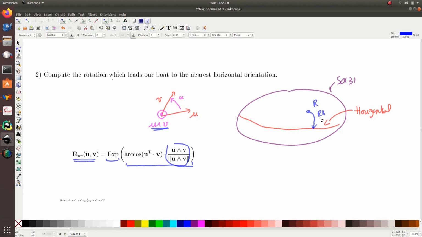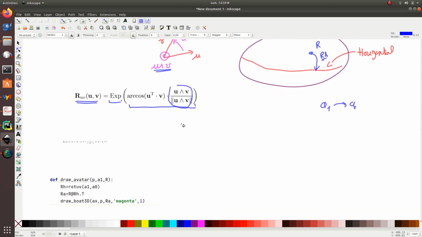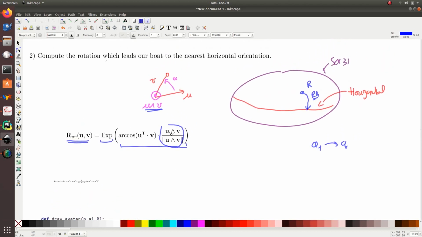And this one is called RH, because I will have to transform a1, the acceleration, into a0. Now, this formula is singular when u and v both match, corresponding to the same vector.